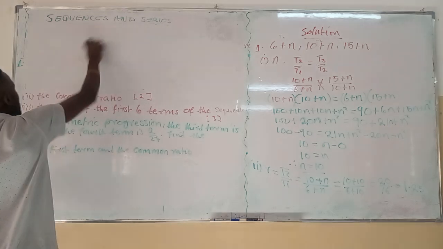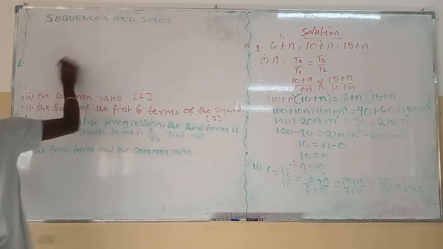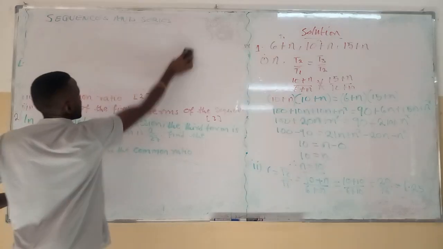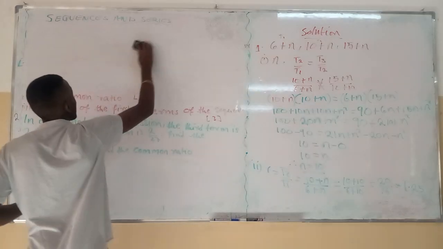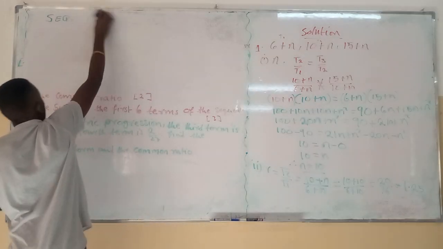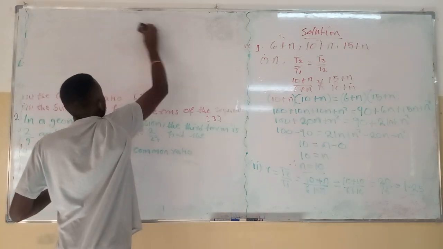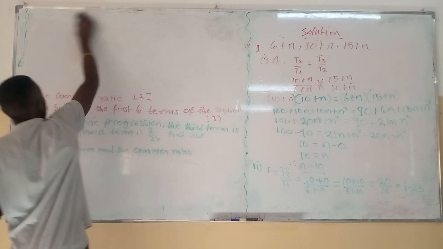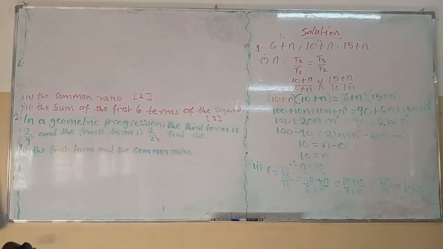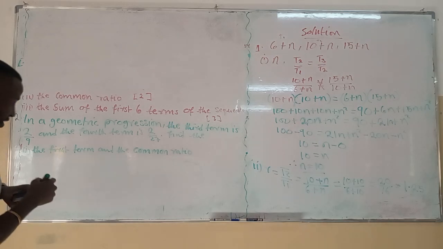Okay, so now let's see how to answer this here. Since we know we are doing sequence and series, this one we can overlook. Okay, so let's answer the question. We need to write the formula first, the formula for finding the sum.